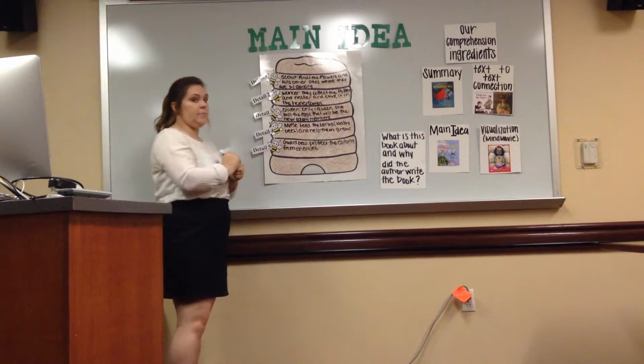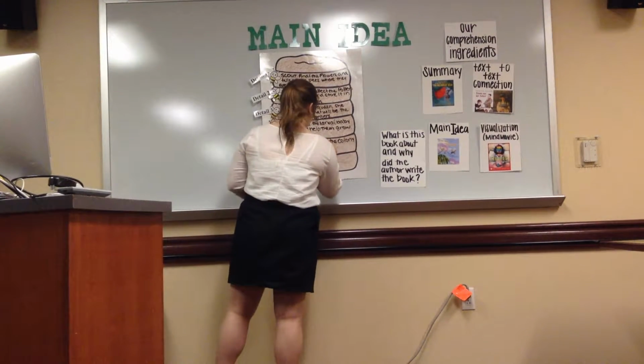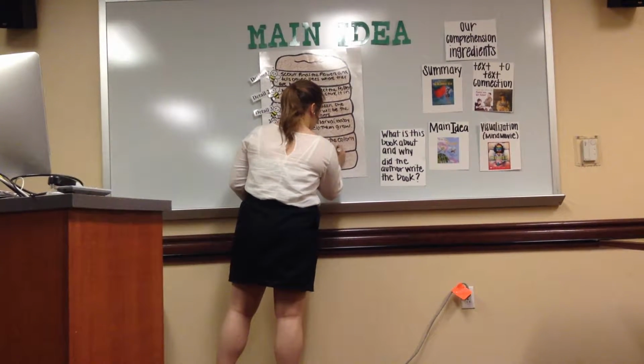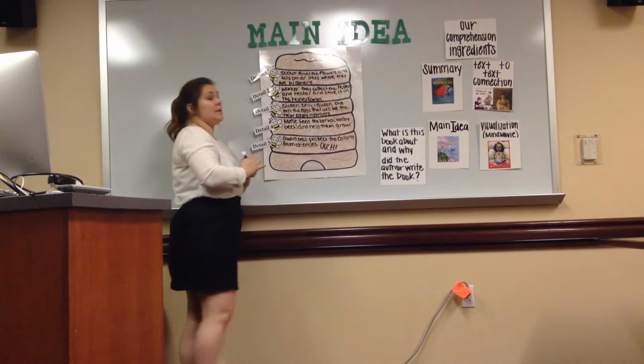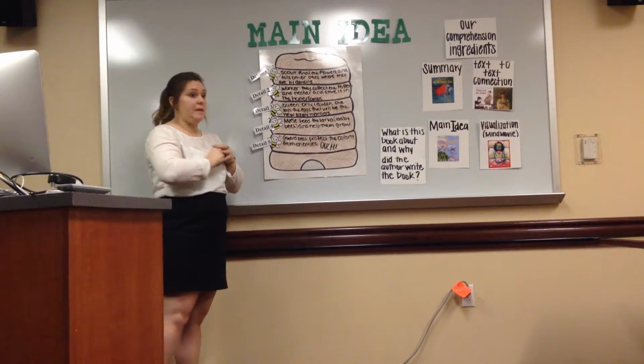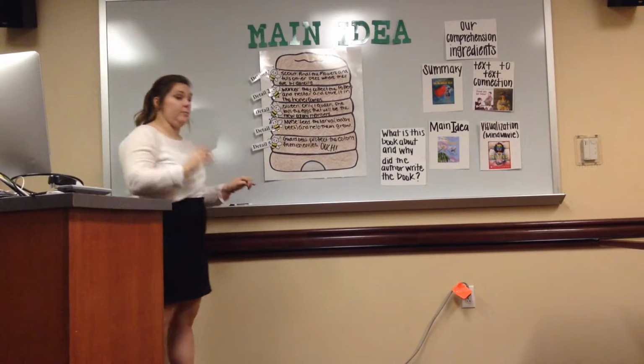Okay, and we're going to put "ouch" in big capital letters. It's an exclamation point because it really hurts when bees sting. So that's how they protect it, by stinging.